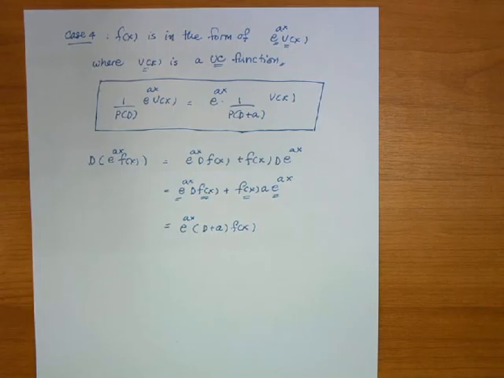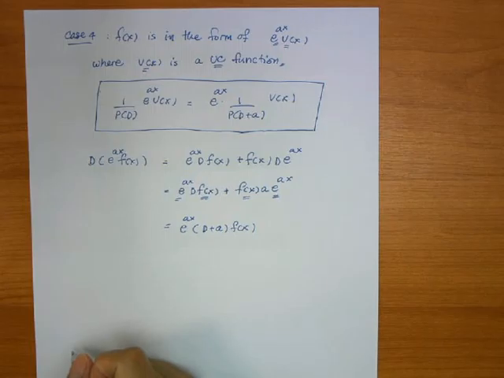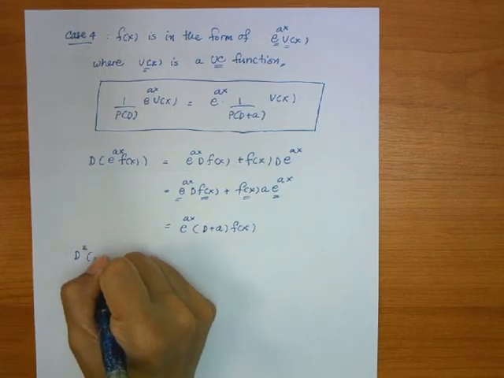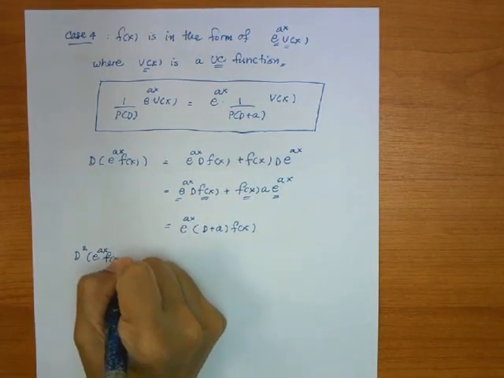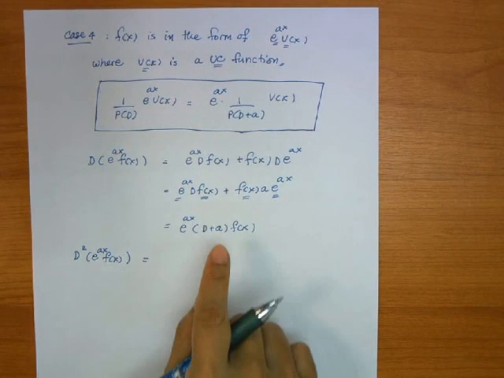So now what if we have our differential equation in the form of, so for the second derivative you would get something like this. You do the derivative of this one, you would get what?